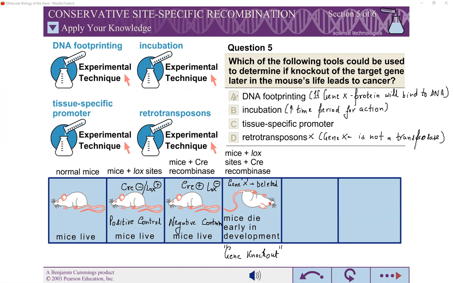Now, what is given? The only options that find their importance are the DNA footprinting and tissue specific promoters. Which of the following tools could be used to determine if knockout of the target gene later in the mouse life leads to cancer? Now, this has to be determined by looking at the tissue specific promoter regions. We know that each and every tissue has a particular promoter.